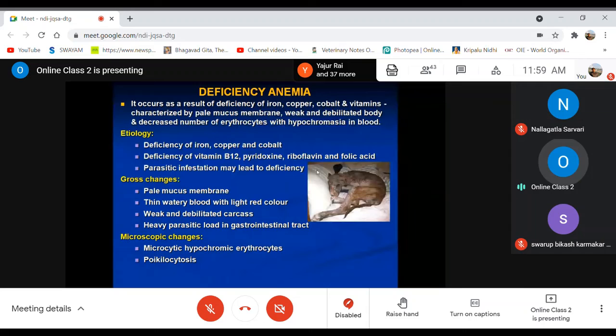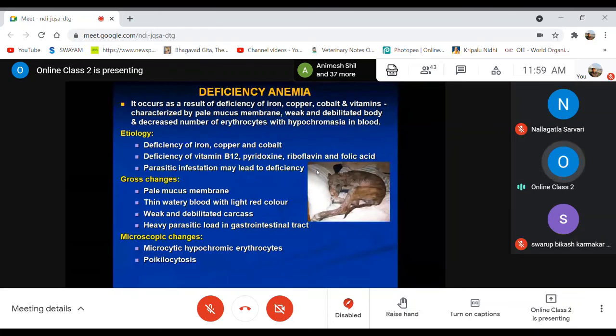Okay, and gross changes are similarly paleness of the mucous membrane. The blood will be watery in nature with light red color because the concentration of hemoglobin is less, that means hypochromasia.